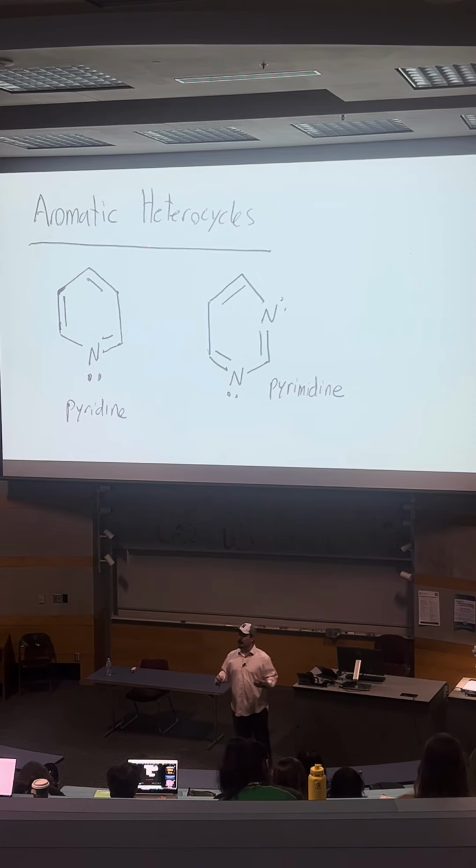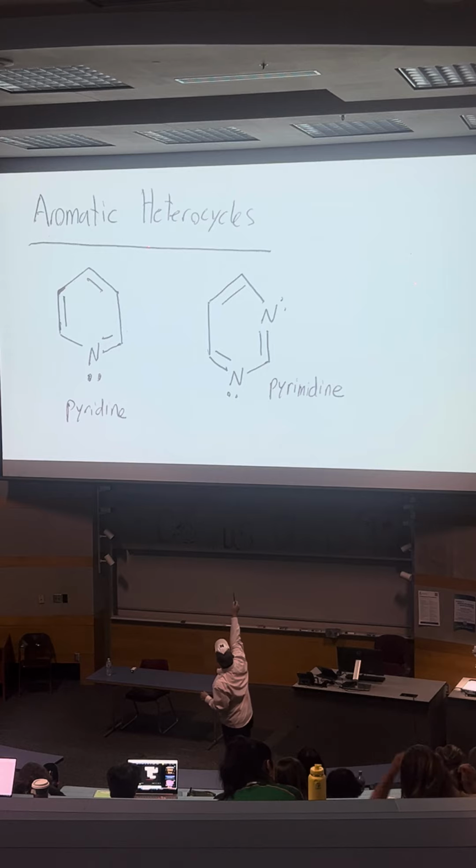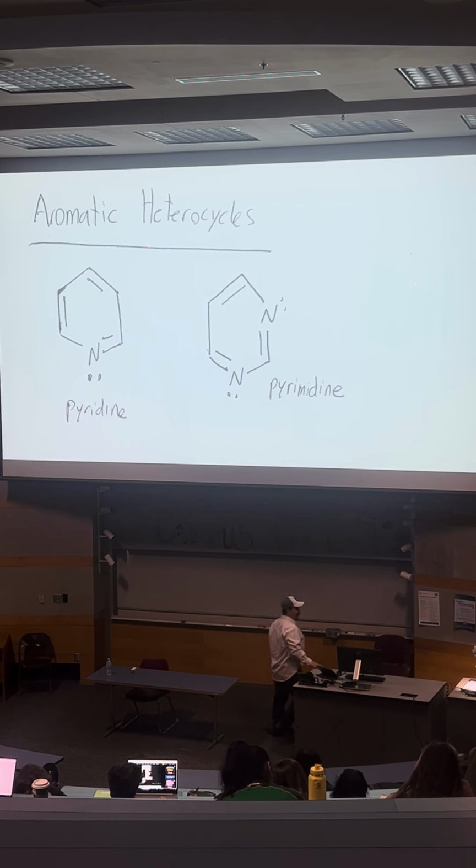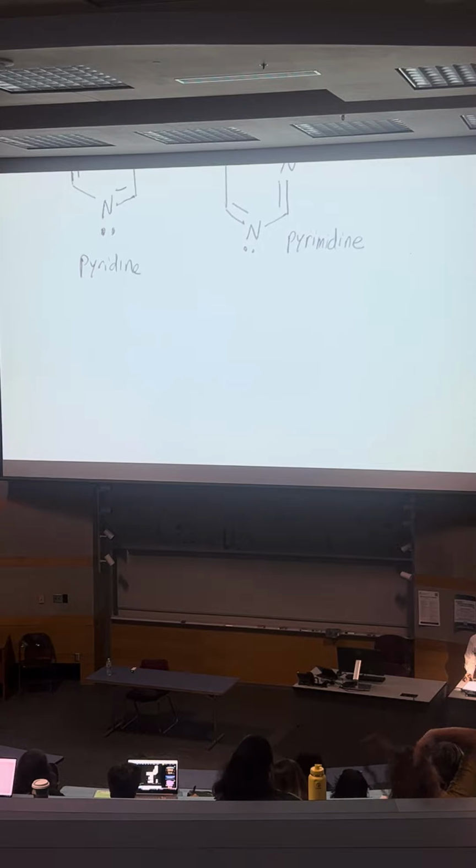So the answer is, if the nitrogen has a double bond on it, then you don't count its lone pair. So that one clearly has a double bond on it. This one has a double bond going to the bottom left. That one has a double bond coming downstairs from the nitrogen. So in those cases, it means that that lone pair is not coming from the p orbital.